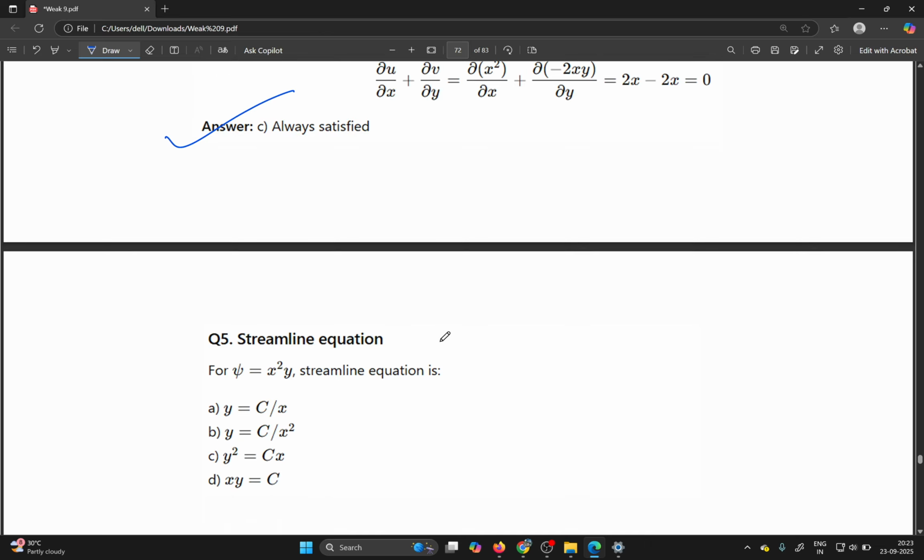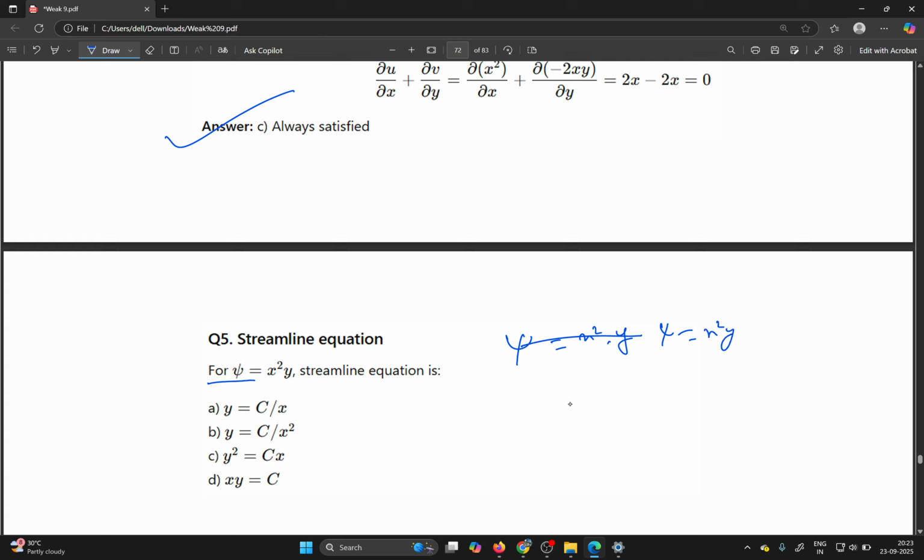Okay, the next question is, the streamline equation. For this, psi is equal to a similar function you have here, x square y.